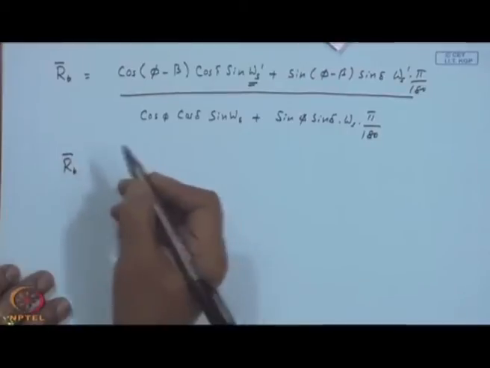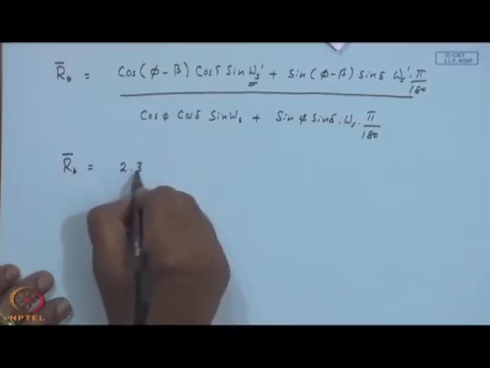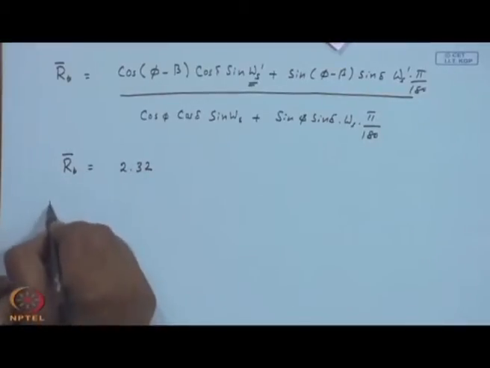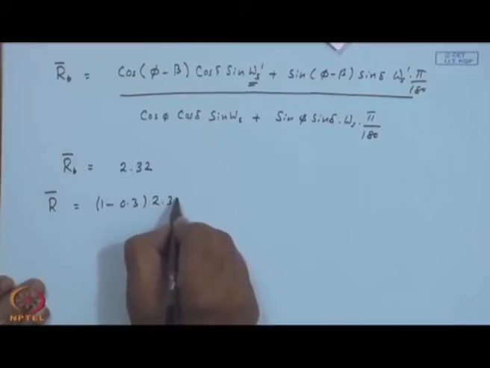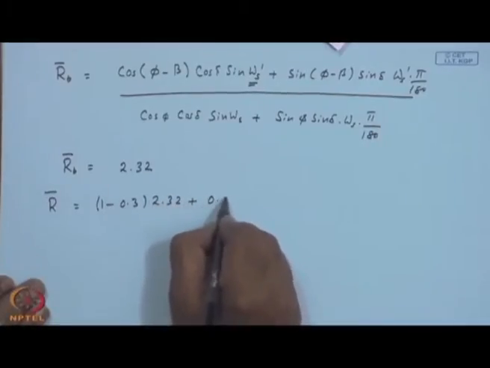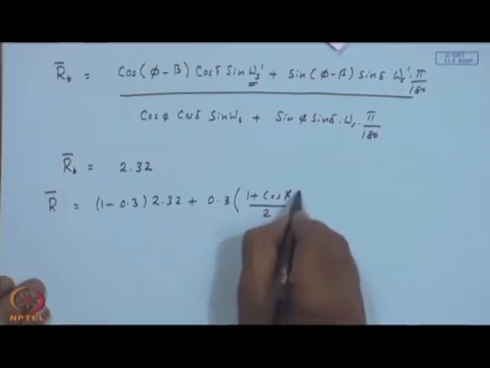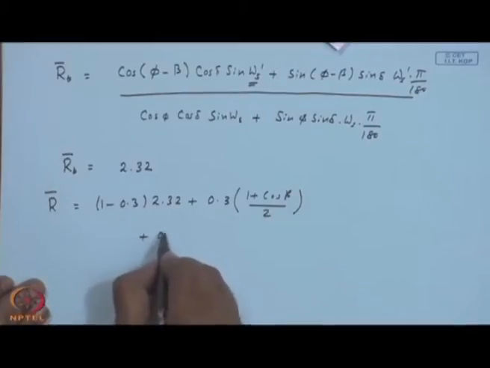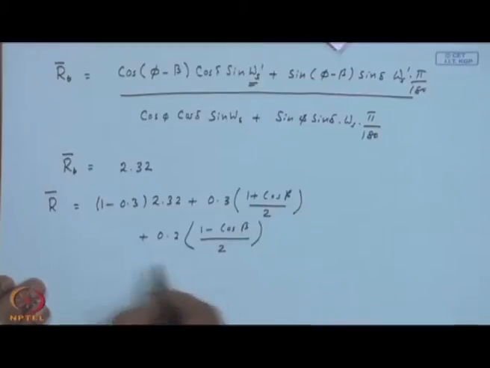So, this R b bar, if you calculate it, is 2.32, and R bar will be (1 minus 0.3, that is h d bar by h bar) into R b bar 2.32, plus 0.3 times (1 plus cos beta by 2), plus 0.2 into (1 minus cos beta by 2), which is 40, and this comes out to be 1.91.